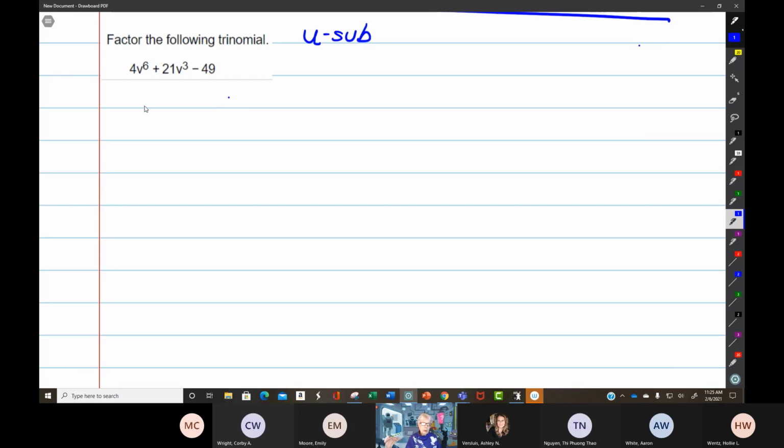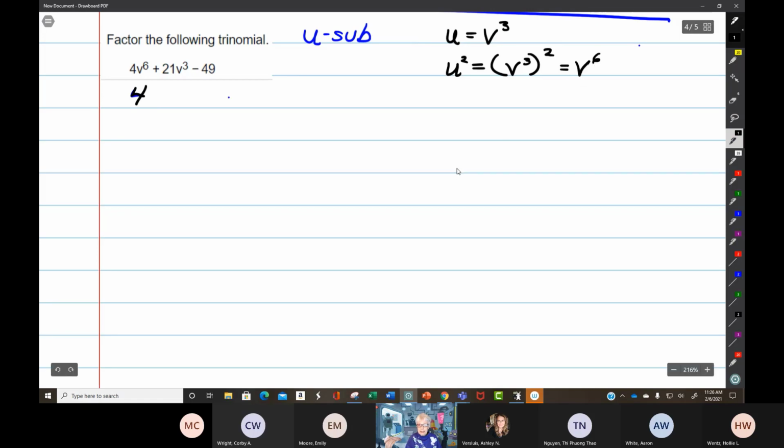Here we are: 4v to the 6th plus 21v to the 3rd minus 49. Automatically, you should see that 6 is 2 times 3, so you're going to be using U substitution. Don't skip steps, Barbara. That's always a disaster when I do that. U equals v to the 3rd. U squared equals v to the 3rd squared, and when you have a base raised to a power again, you multiply the powers: v to the 6th.